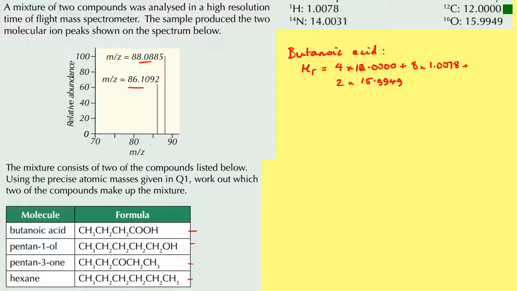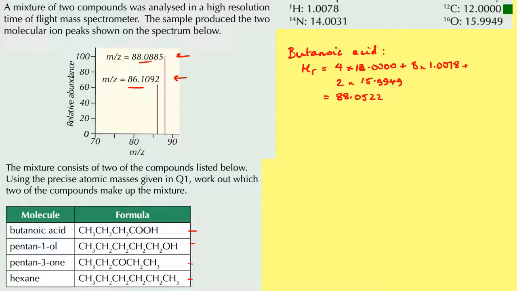So when we add those all up together, we're going to get 88.0522. Which is not one of either this one or this one. So that means we have to carry on.